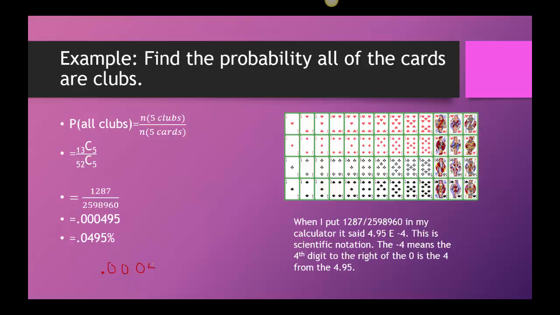Then this 4, 9, 5. What I'm counting is 1, 2, 3, and this is the 4th number. Coincidentally, there's a 4 and a 4. They have nothing to do with each other. This negative 4 tells me how many places to go to the right. This 4 tells me the number to put in, so don't let that bother you.